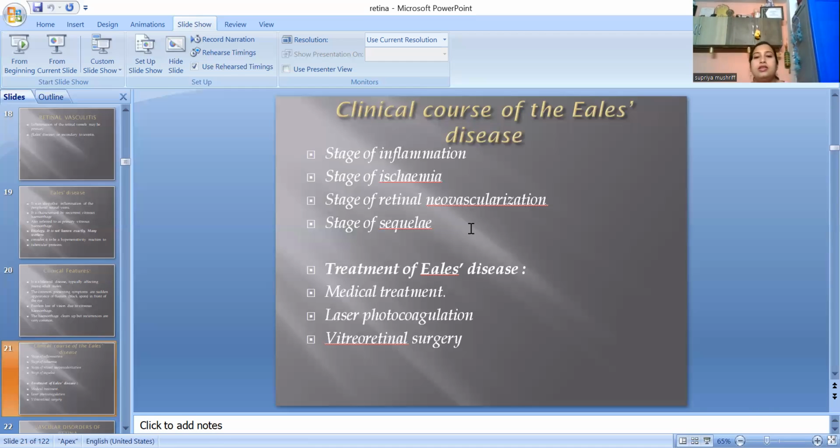So if the patient comes to you at the fourth stage, that is the stage of sequelae, with tractional RD or gross vitreous hemorrhage, you should not go for medical treatment or laser photocoagulation. We should go for vitreoretinal surgery. So here we come to the end of Eales disease, its etiology and its management.